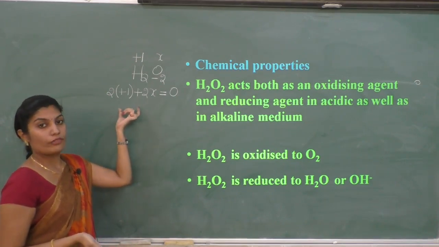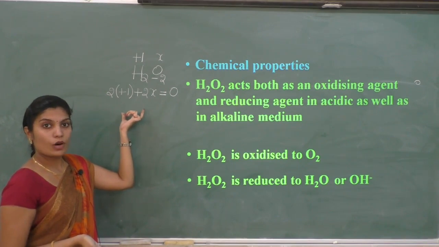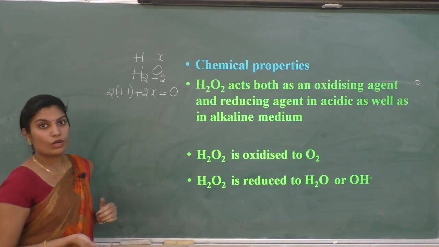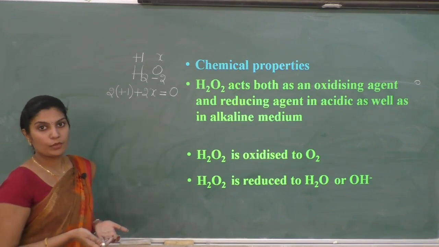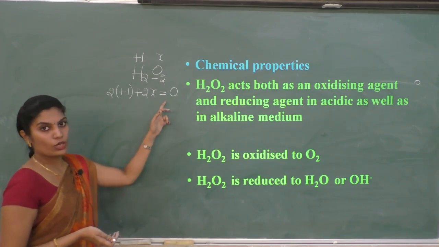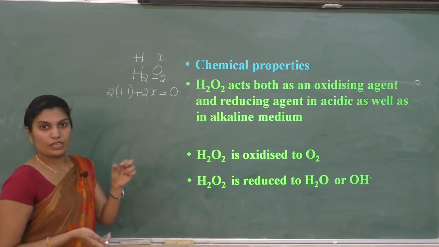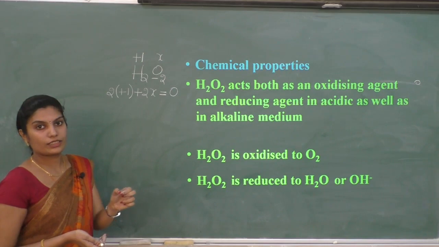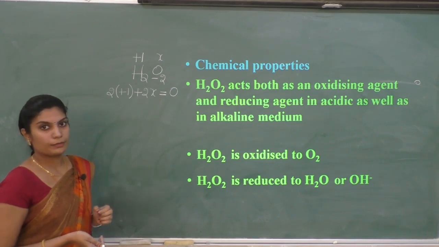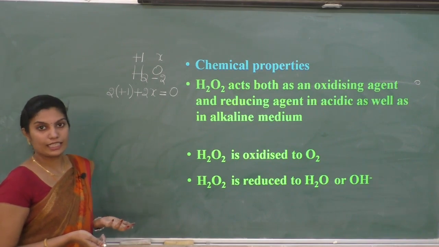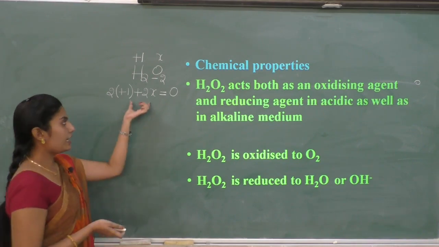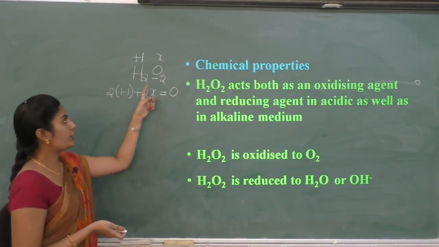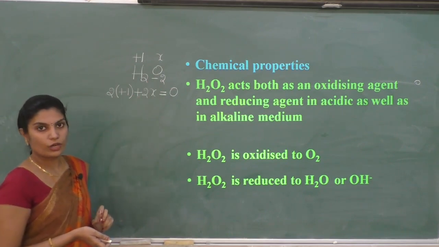The algebraic sum of the oxidation numbers of all the atoms in a molecule is equal to 0. This is one of the rules to calculate the oxidation number. In detail, you are going to study that in the next chapter. Here we just need to calculate the oxidation state of oxygen.